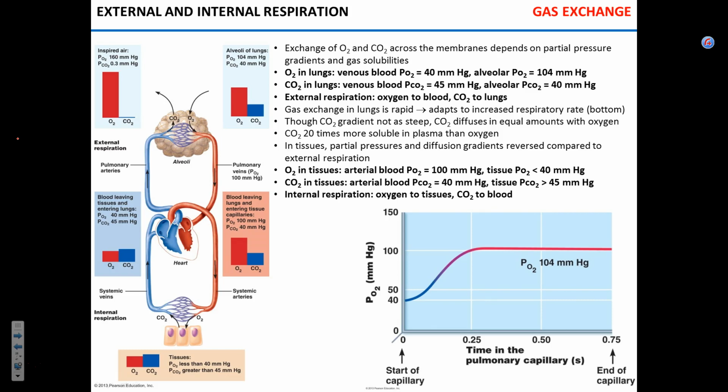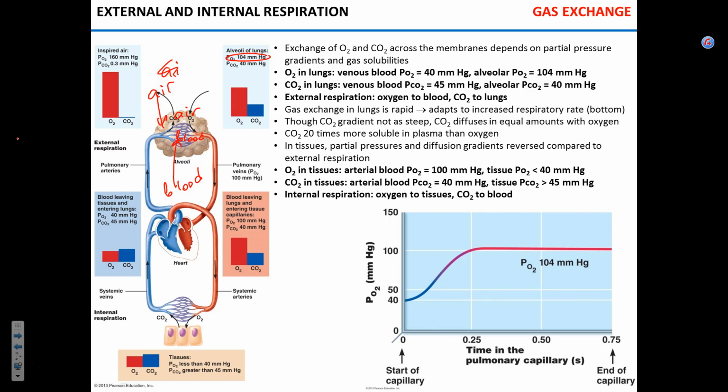So let's see what happens in alveoli. In alveoli, you have exchange between the air and the blood. Does that make sense? Air, which is alveoli, and the blood, which is pulmonary capillaries. So what is the pressure of oxygen in the alveoli? 104.